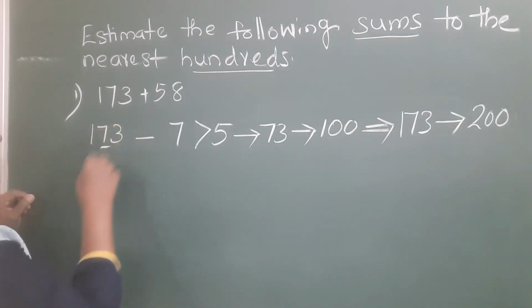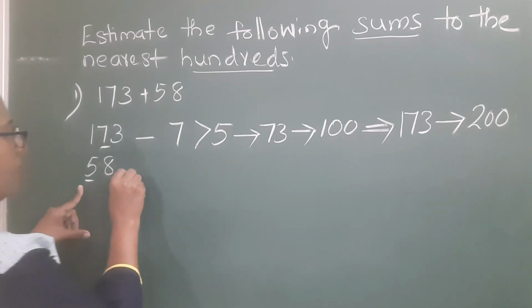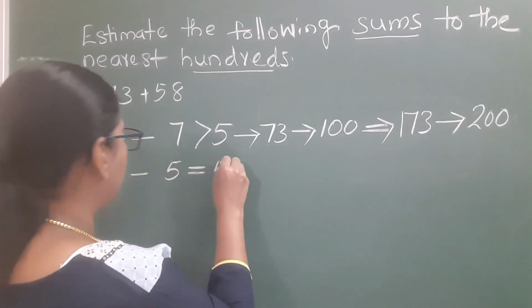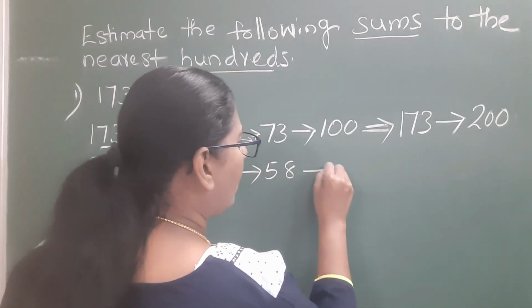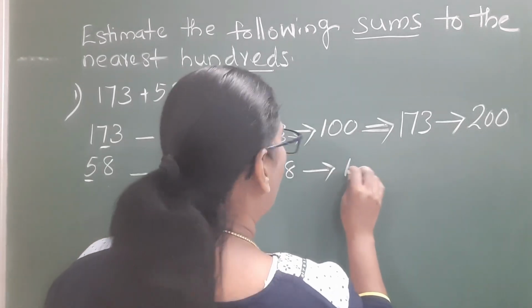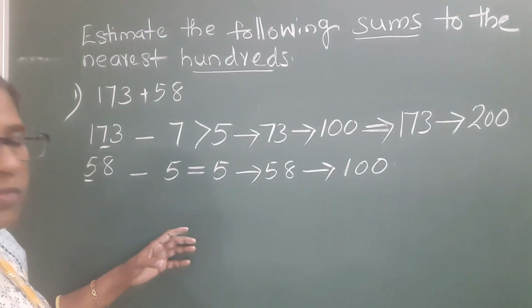Understand? Next one is 58. In tens place 5 is there. 5 is equal to 5. So 58 rounds off to 100. You understand?